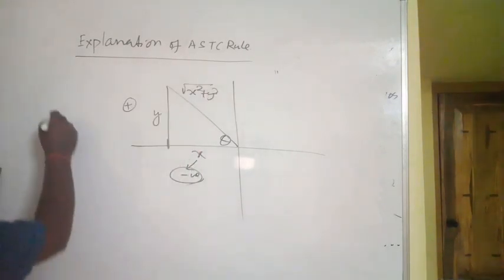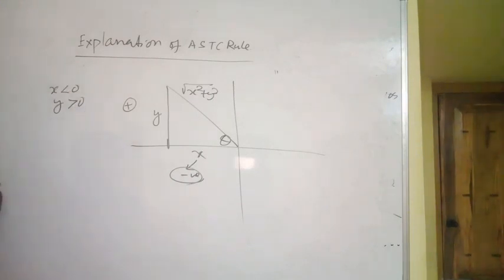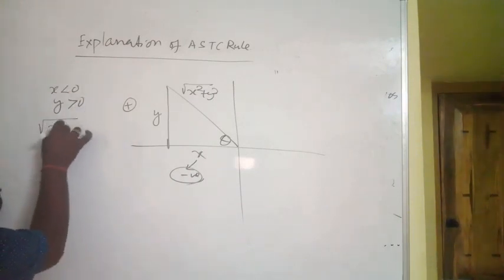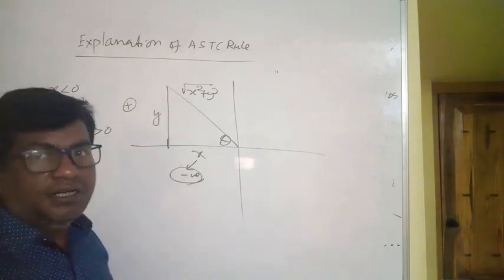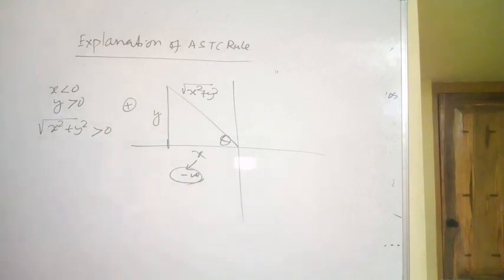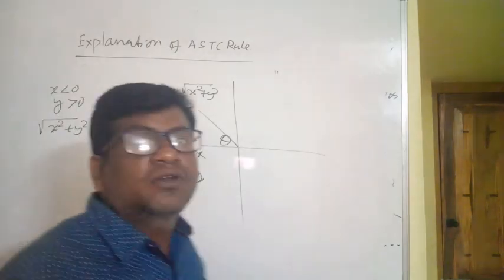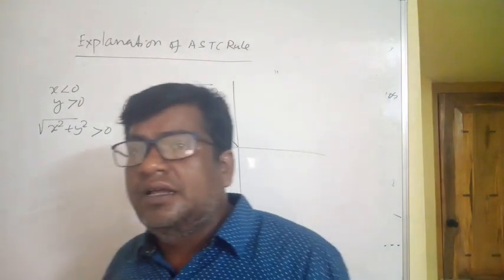Here x is less than 0, y is greater than 0, but √(x² + y²) is always greater than 0, because x² + y² cannot be negative. Now sin theta. In the second quadrant, sin and cosec are positive and others are negative. How is it possible?